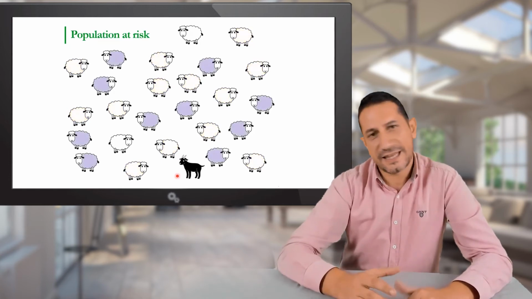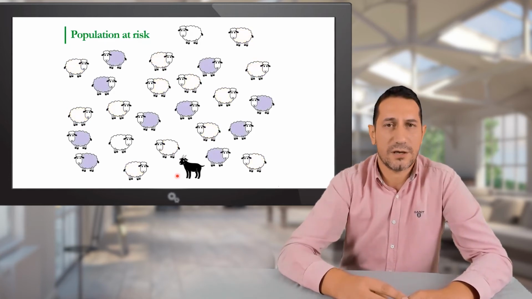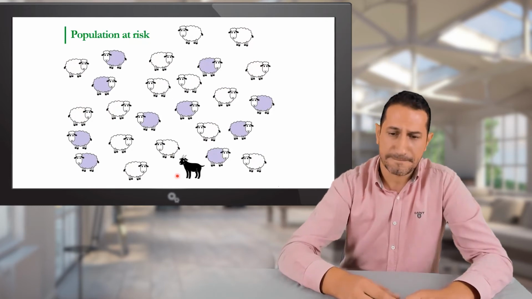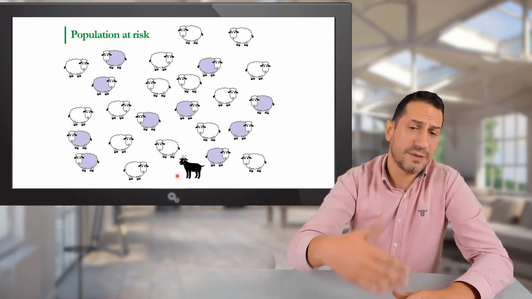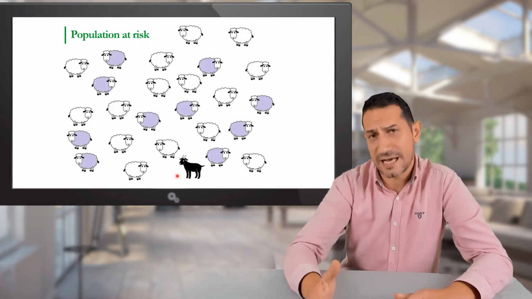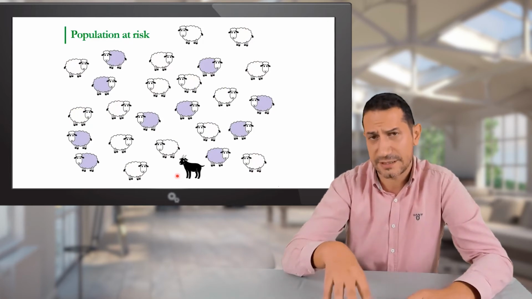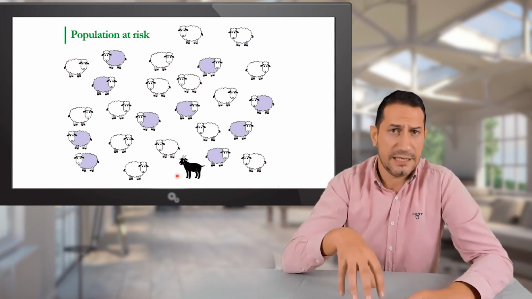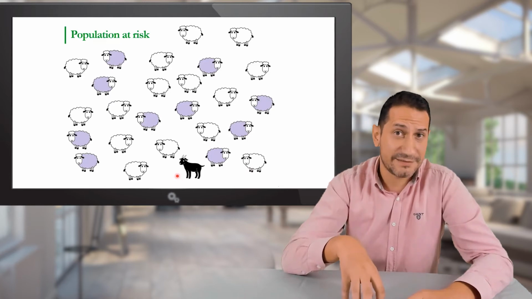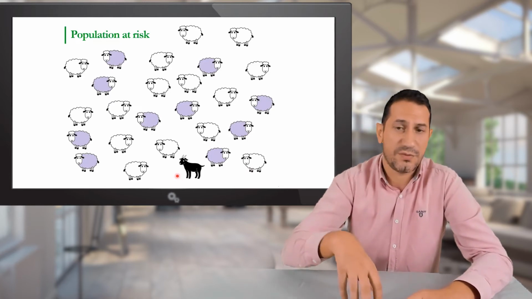And then he had 10 sheep, not with mastitis, but potentially getting mastitis. So the population at risk is these 10 sheep which might get infected with mastitis.